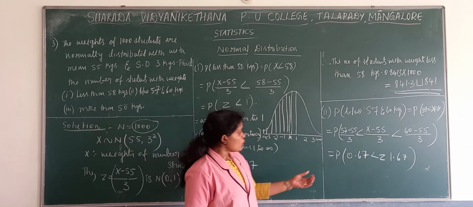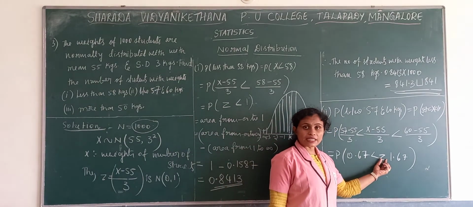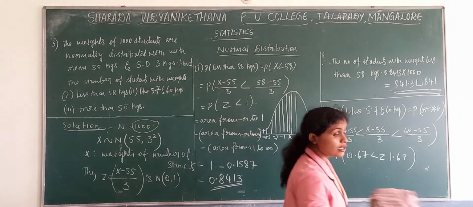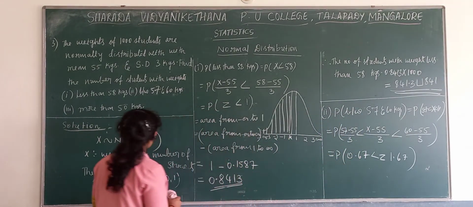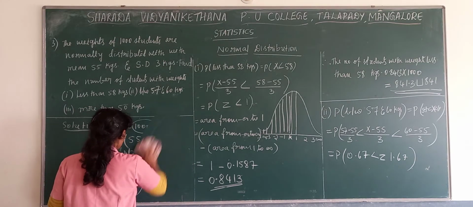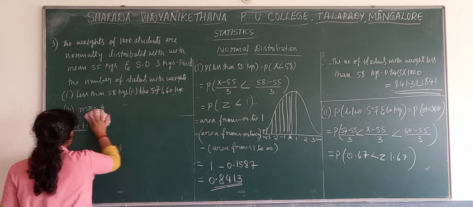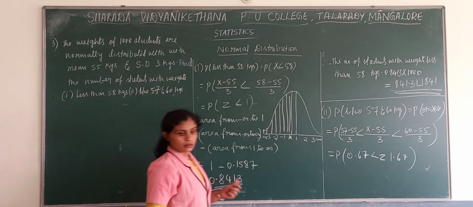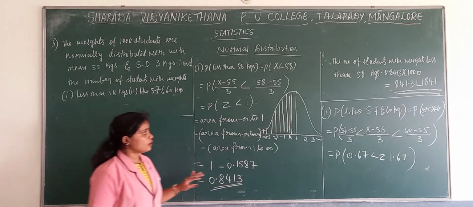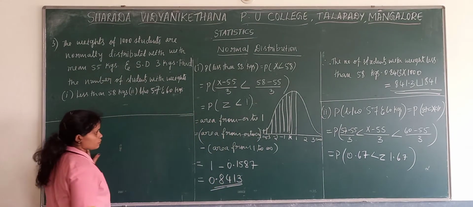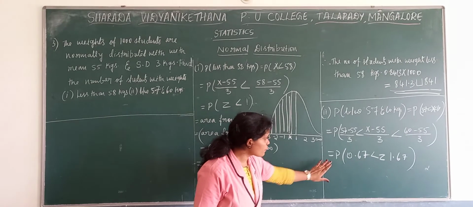Now you locate the area of Z in the graph. Locate the area of Z in the graph. Now we'll erase this first part. Now here it is.